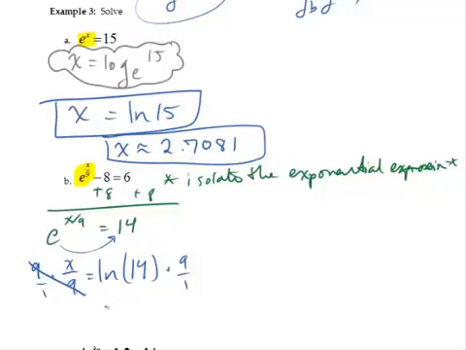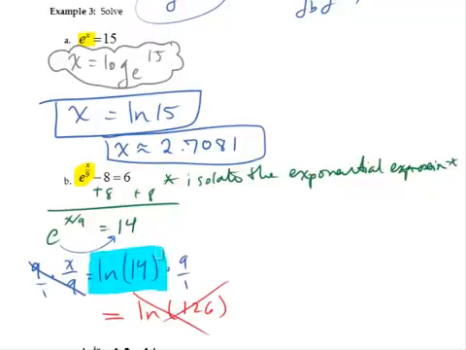And now here is what this is not equal to. This does not equal ln of 126. So many people will want to multiply the 9 and the 14, but that is not true. This 9 cannot go into the 14. This is a package deal. This is ln 14. On your calculator, this tells us it's about 2.6.